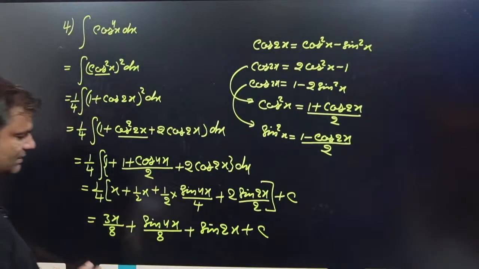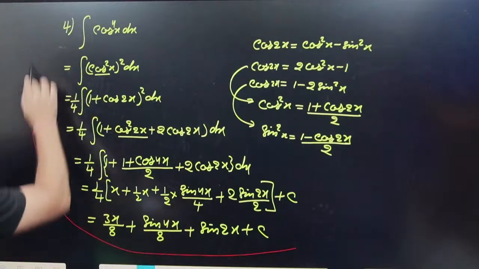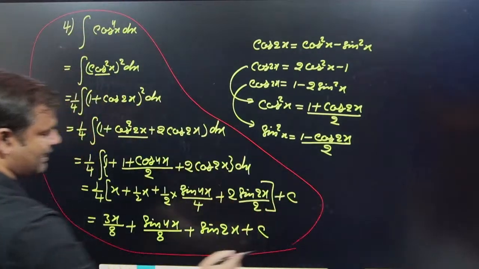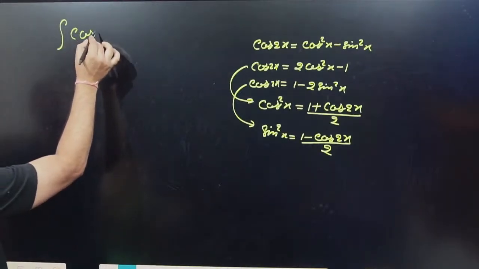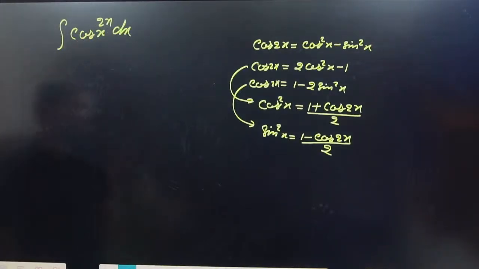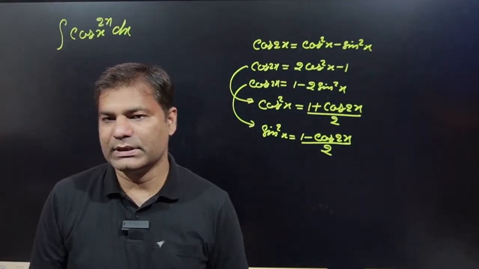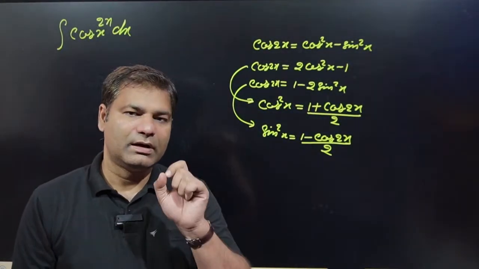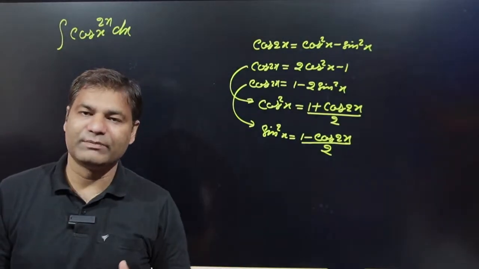How can you solve even power based problems? Now look, in a generalized way, suppose that here is cos x to power 2n dx. How can we solve it? This is basically an even power.